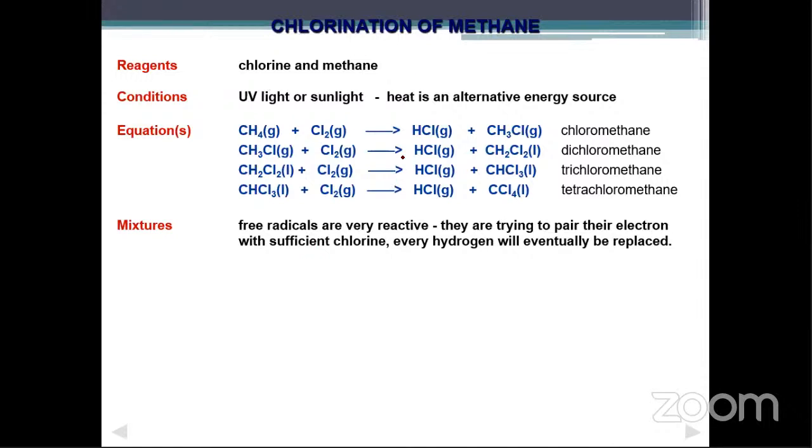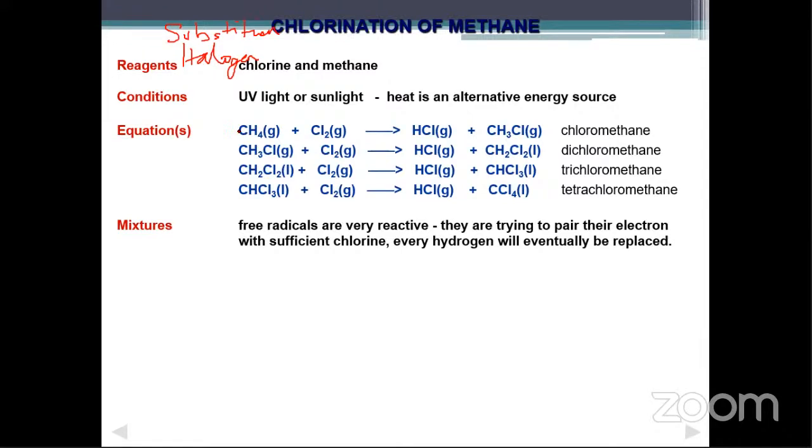Now, this is the chlorination, or we can call this the substitution reaction, or another name for it is halogenation. All are correct. What that means is you're taking out one hydrogen from the molecule and replacing it with a halogen. In this case, it's chlorine.